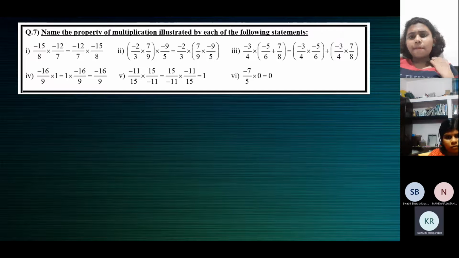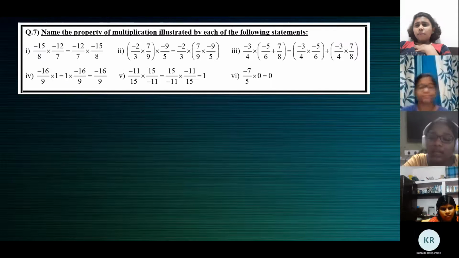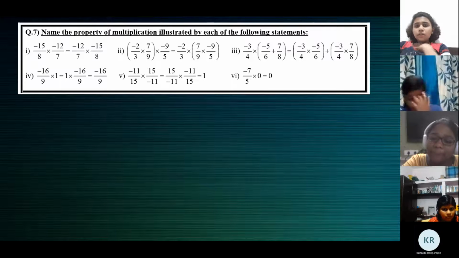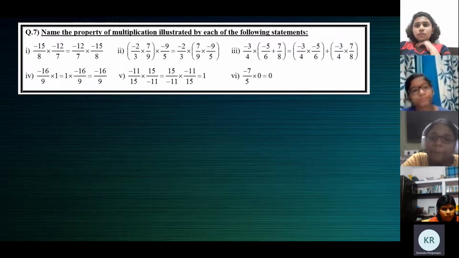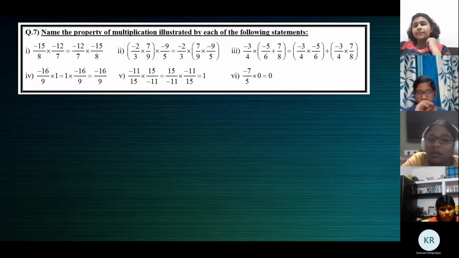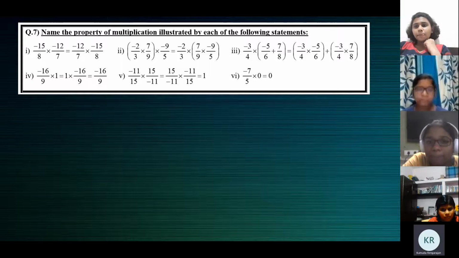Closure, associative, commutative, distributive. I think it's commutative property. Commutative property of what mathematical operation? Multiplication.